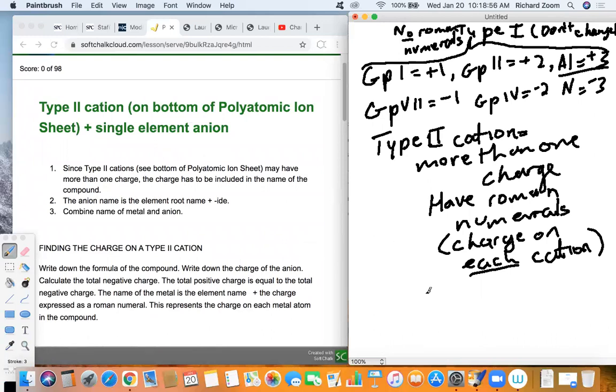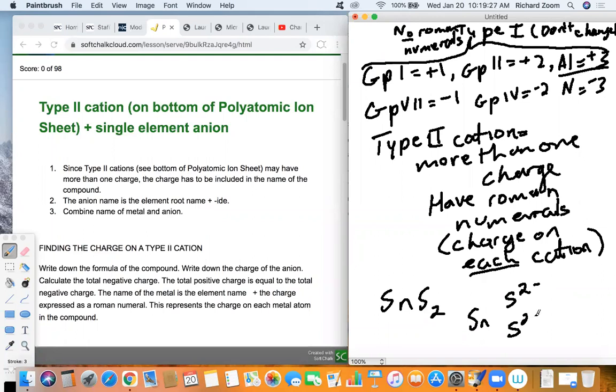Okay, let's look at another example here. Let's see this one here, SnS2. And if I did a picture of this, it would look like Sn and then 2 S's. Now for this one, you might try and be smart about it and say, well, that's just going to have a 2+ charge because that's a 2, but that one doesn't work like that.